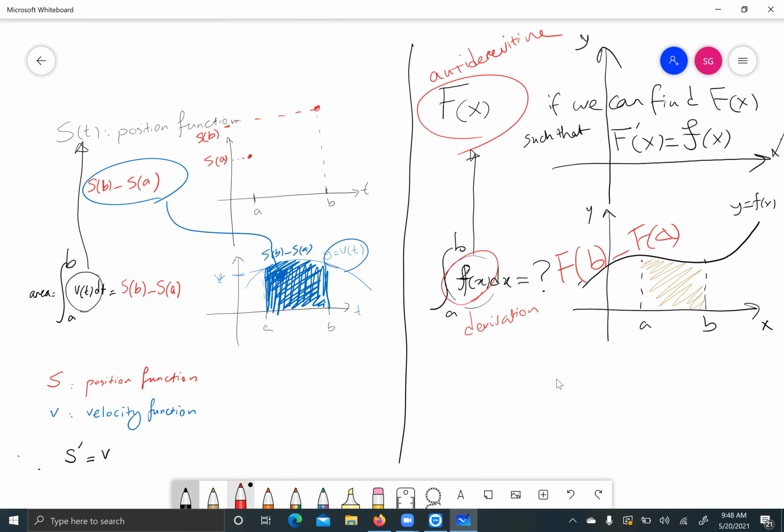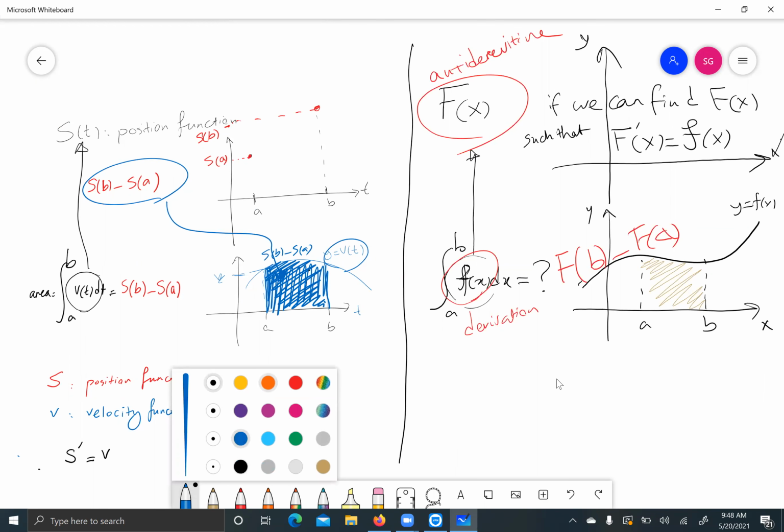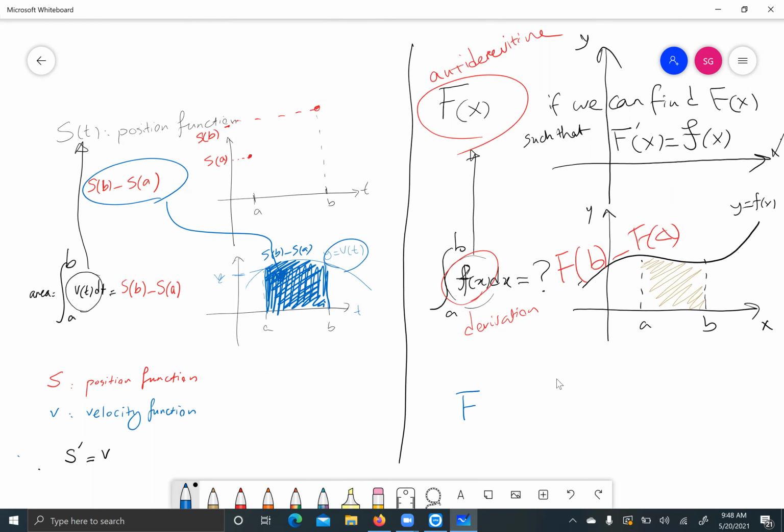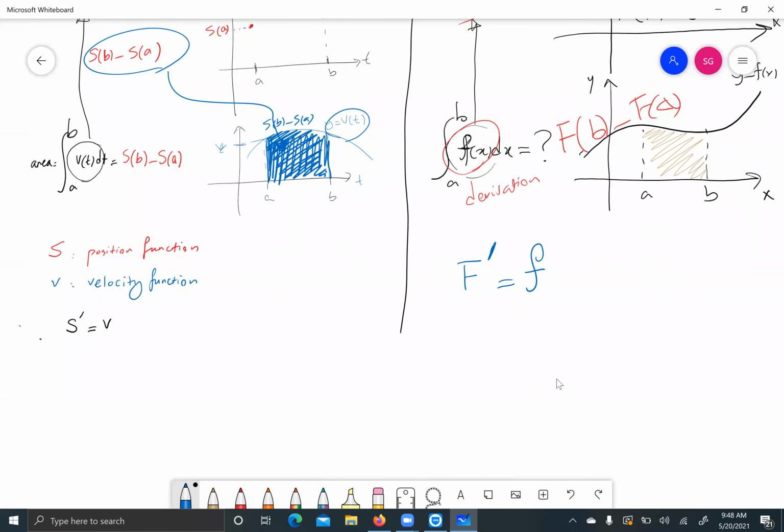Why? Again, look, here is the relationship between these two functions. If you take the derivative of that original function, you will end up with f. That's the relationship between these two. So whenever you have this setup, f is the derivative function and capital F is called the antiderivative.